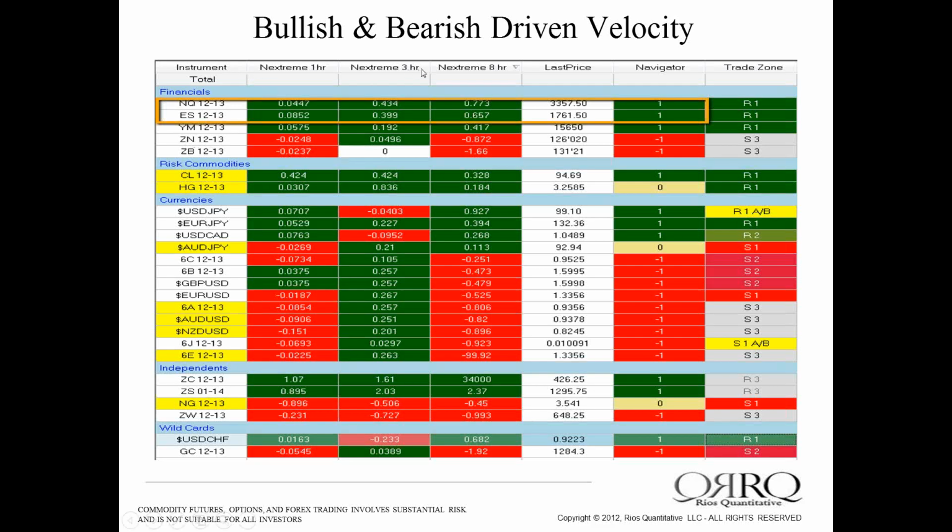We have a rating of momentum, or what we call bullish or bearish driven velocity. Let's just call it momentum. We want to see dynamically the 1 hour, the 3 hour, the 8 hour, all across those 24 time periods show up green, be bullish, or show up red.